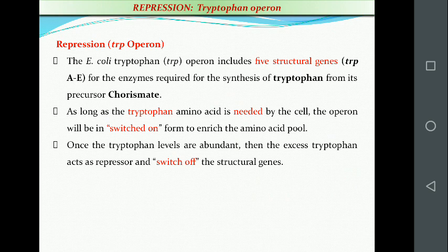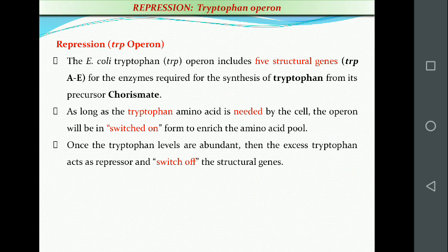As we all know, tryptophan is one of the essential amino acids. These essential amino acids are not synthesized by higher organisms like human beings, but prokaryotes can synthesize all 20 different amino acids.